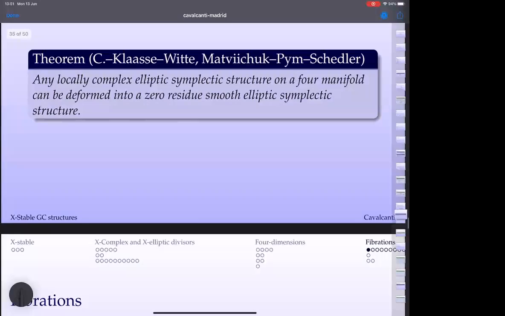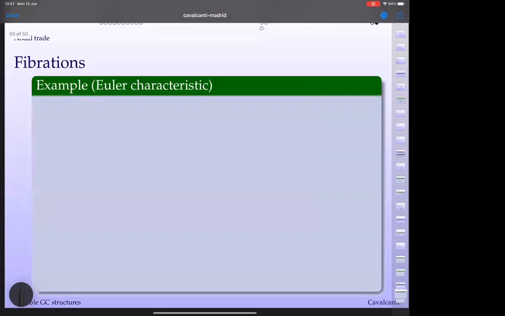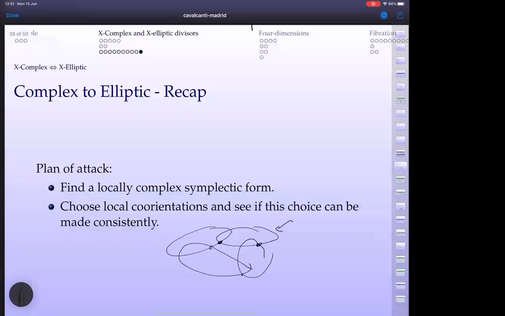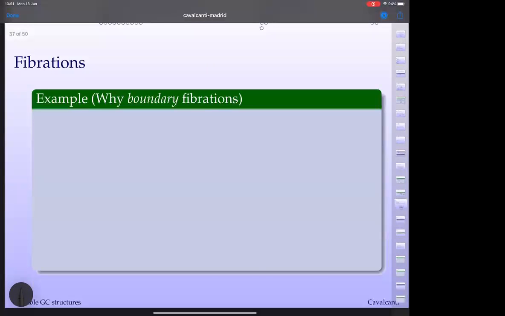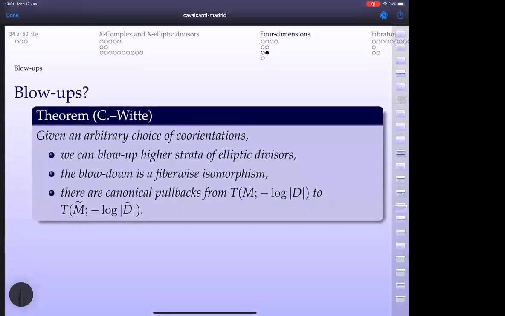When you take this normal crossing degeneracy locus and you smooth it out with this theorem, do you have options? Good question. I don't remember now, because it's Z1, Z2 equals 0, and you just set it equal to epsilon and match these terms.